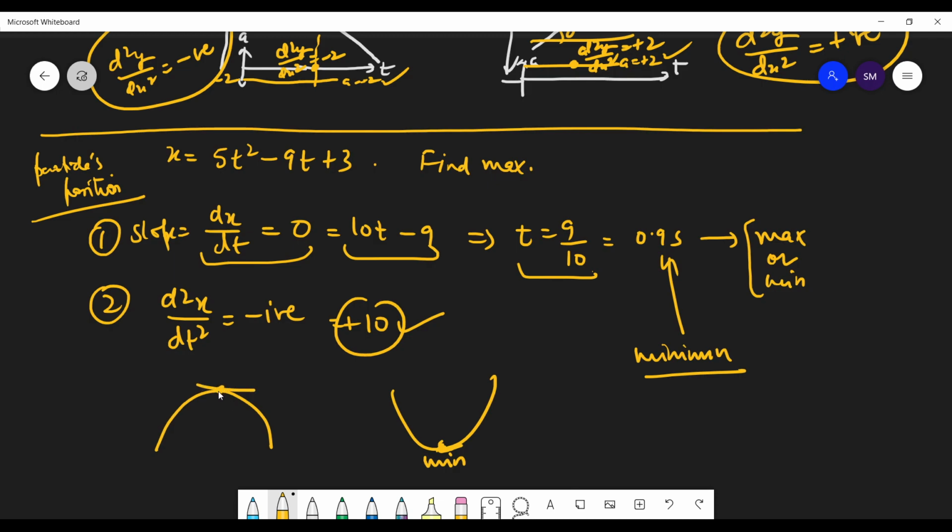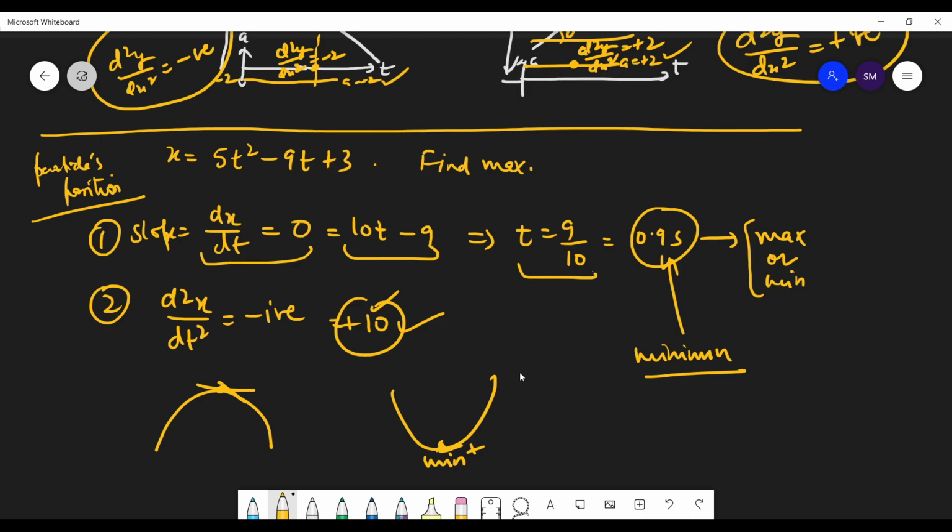The slope is 0, but the slope will become negative at maxima. And at minima, the slope will be getting positive. So the slope of slope is positive. Plus 10 means that's your minima. So a maximum position does not exist here. Only the minimum position exists here.